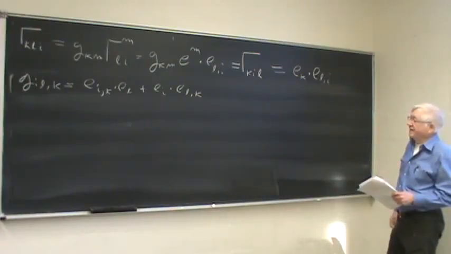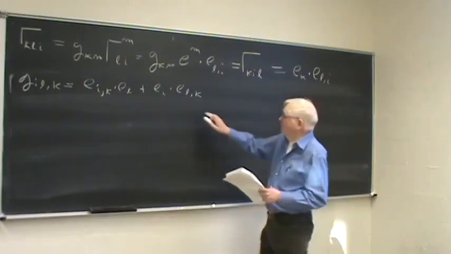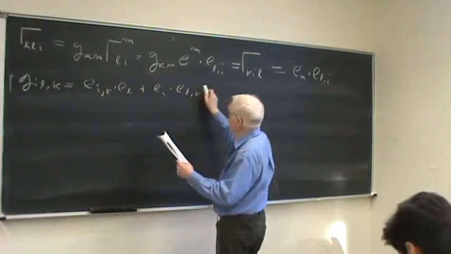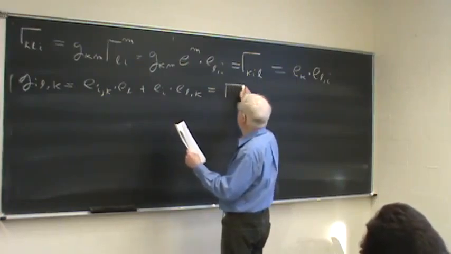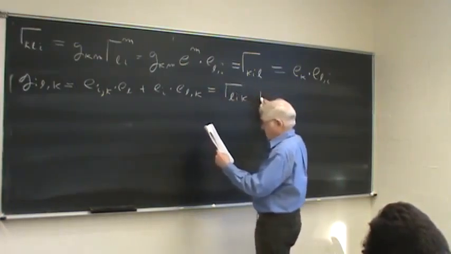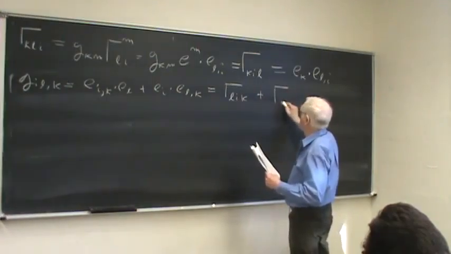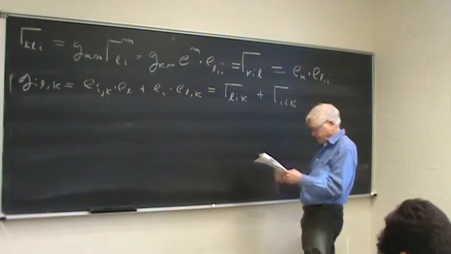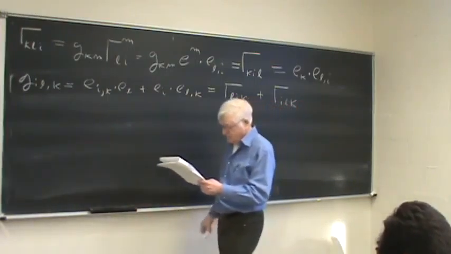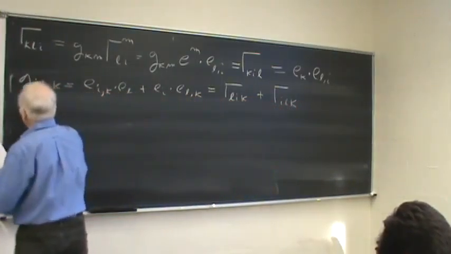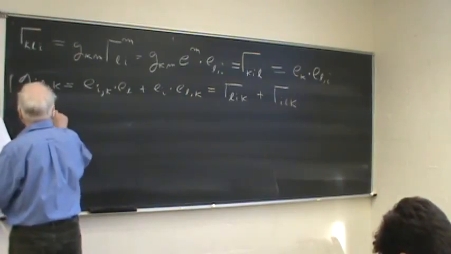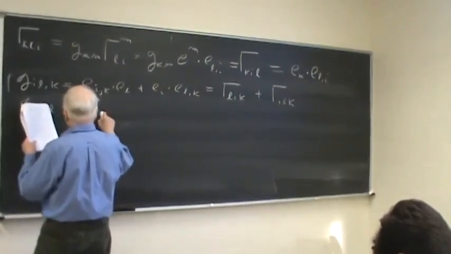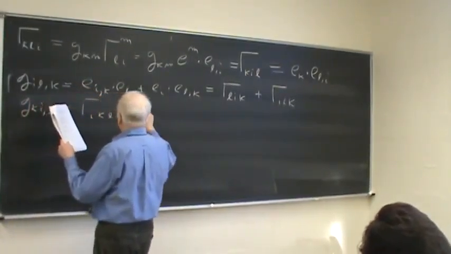So that's what that actually is. And so now we can rewrite this derivative and say this is equal to gamma_{lik} plus gamma_{ilk}. Now, if we permute these, what we get is gamma_{ki,l} is gamma_{ikl} plus gamma_{kil}.